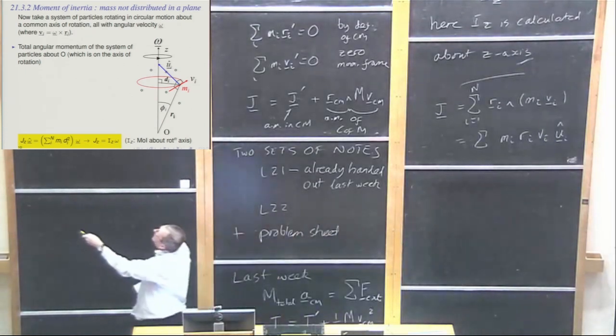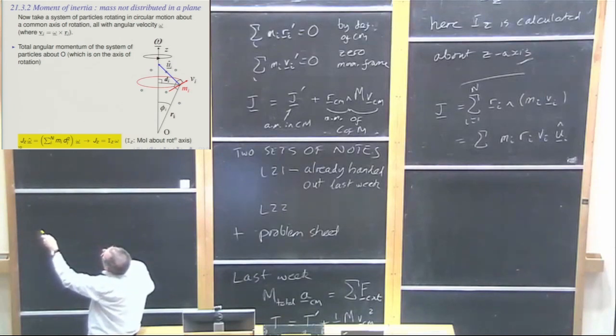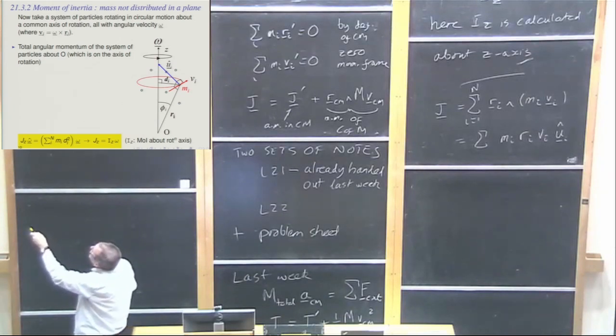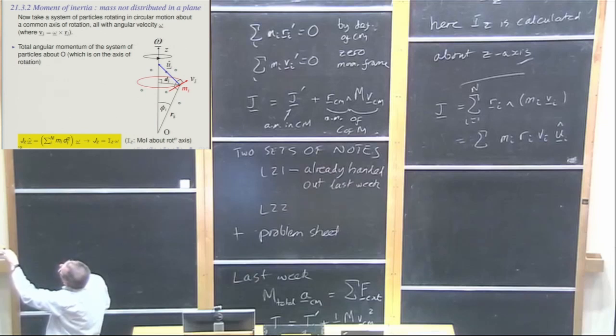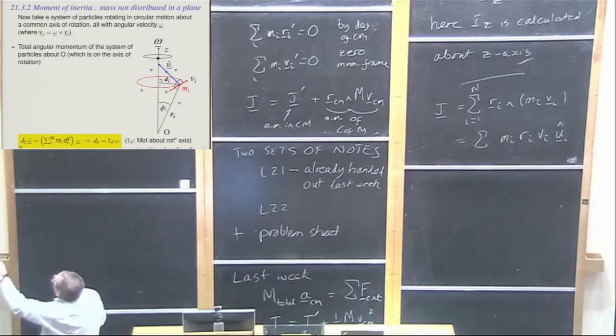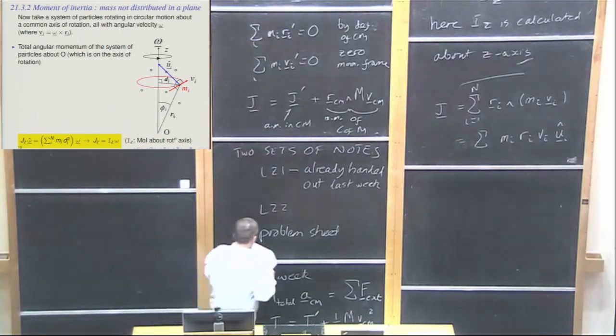So to be clear, for this particle here, when I cross Ri and Vi, they're certainly at right angles to each other, but I get a direction associated with that resulting vector, which is right angles to both, which is the direction of this blue vector. But the direction of the blue vector will be different depending on which particle we are making the calculation for.